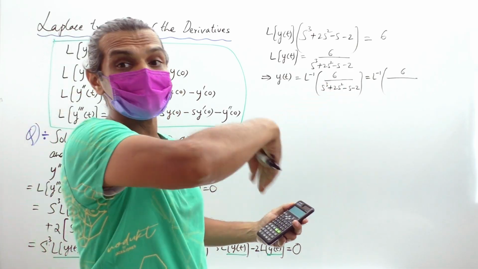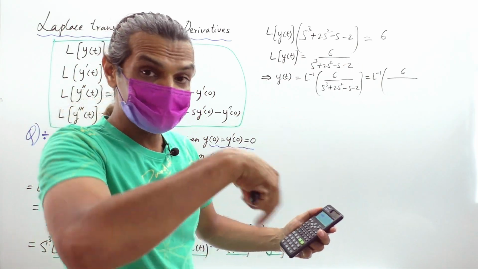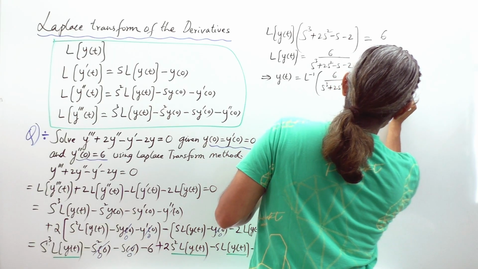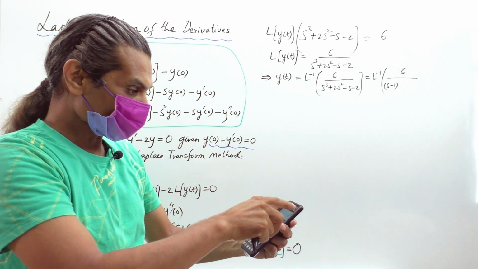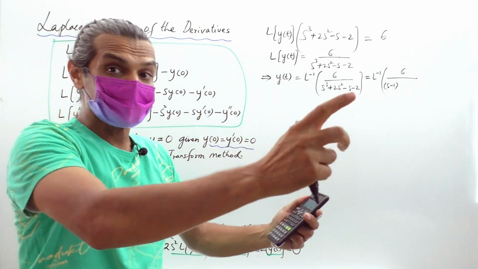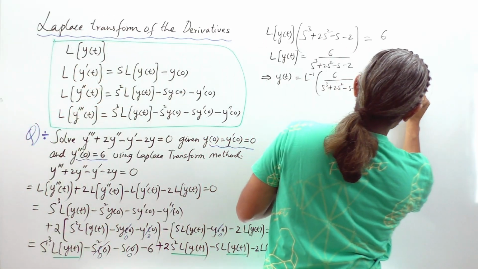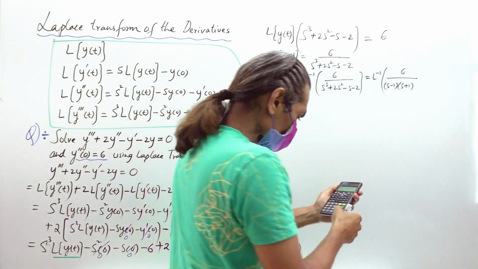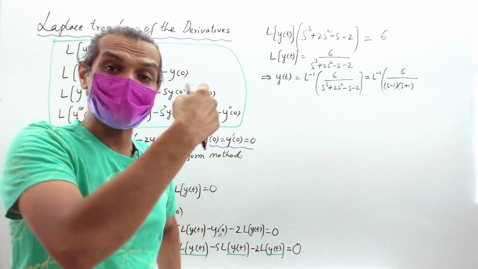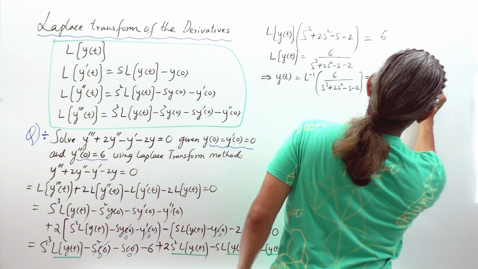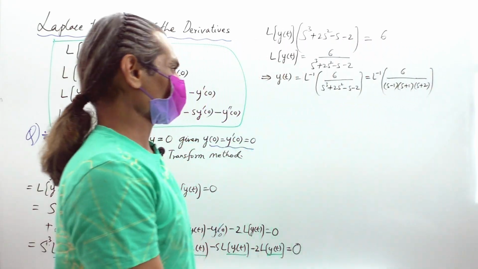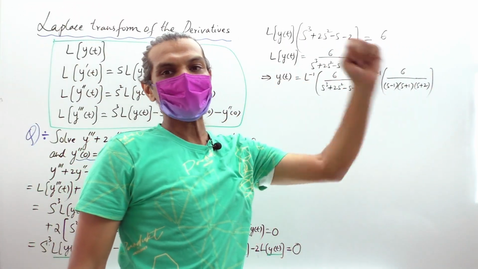Root 1 means the factor is s minus 1. Then we have minus 1, which means the factor is s plus 1. Then lastly we have minus 2, so the factor is s plus 2. That's all. Done.